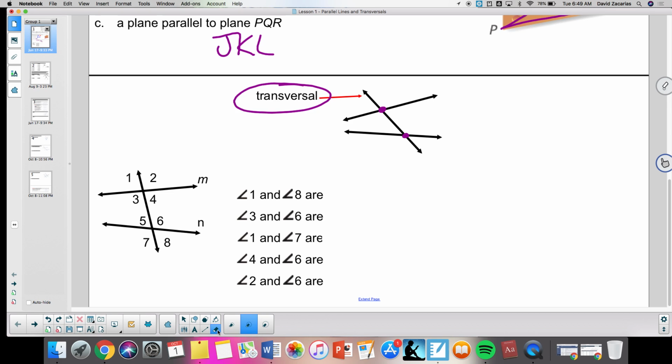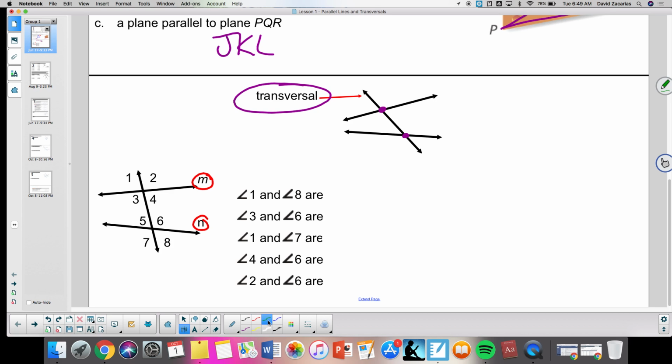So angle 1 and 8. Notice angle 1 and 8 are on the outside of lines M and N. So we have lines M and N. Angles 1 and 8 are on the outside, or we say the exterior, of those two lines.